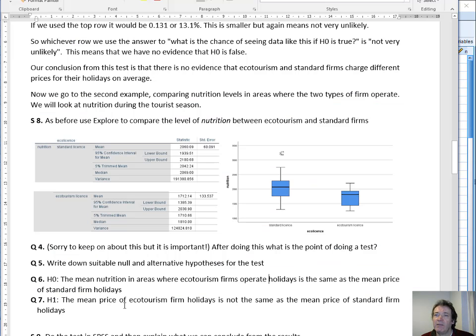So the mean peak season nutrition in areas where ecotourism firms operate is the same as the mean peak season nutrition.